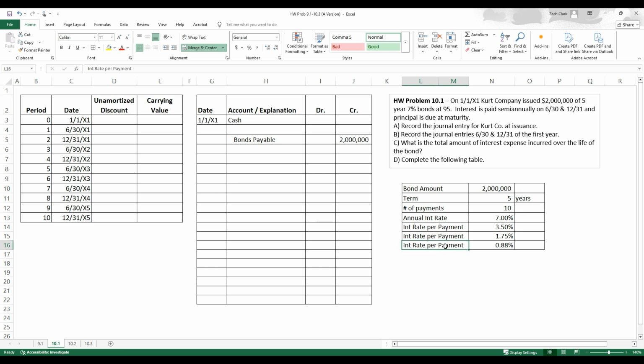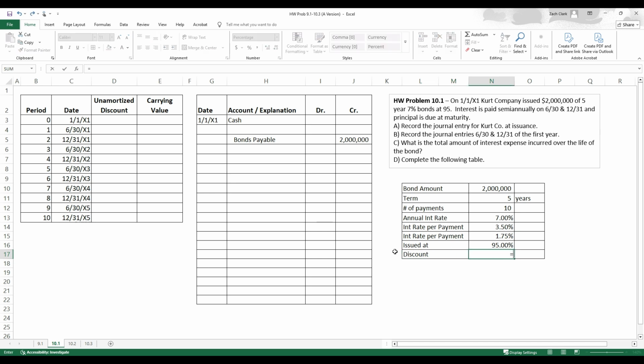And so let's put issued at, and we'll say 95. And I am just going to write it out as 95% because that's, I think, a pretty easy way to think about that. So then that means that the discount equals 1 minus the other part of 100%. So 5% is the discount.